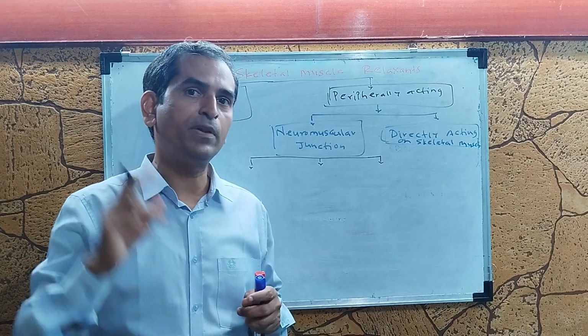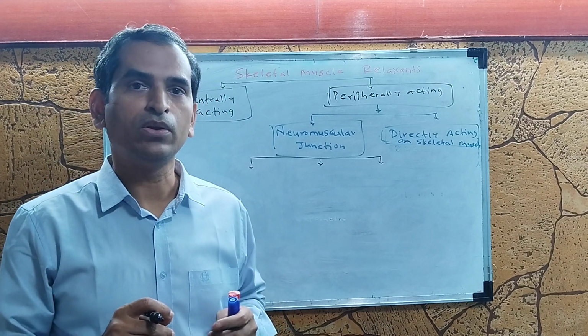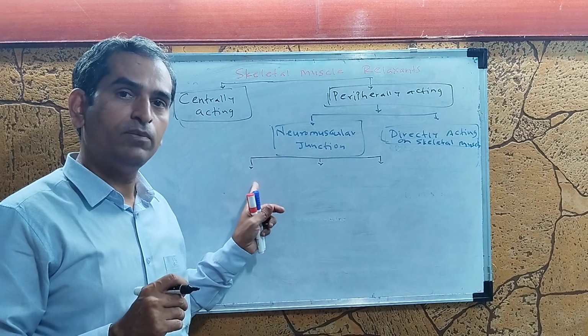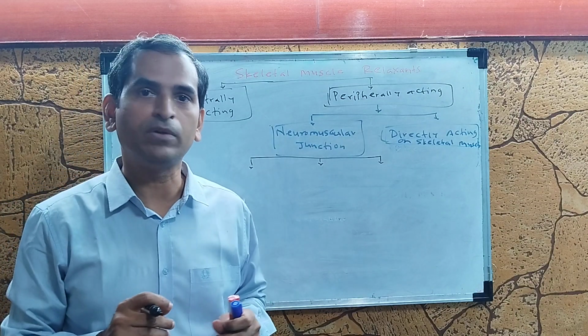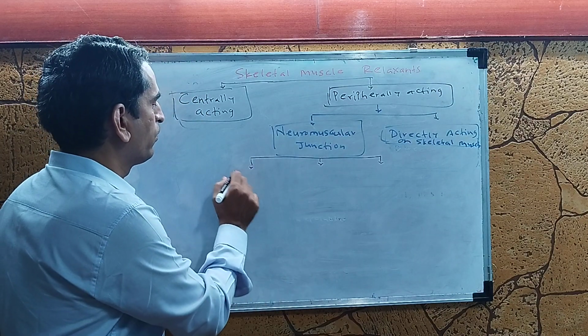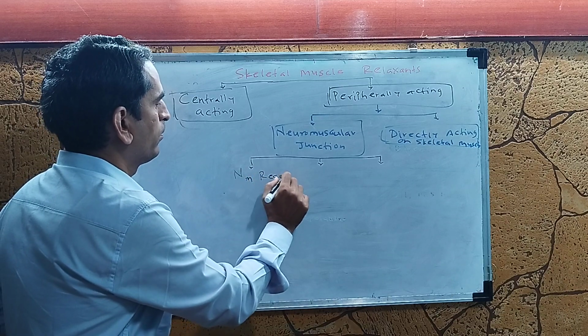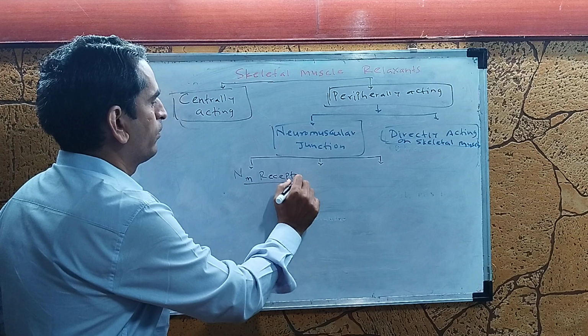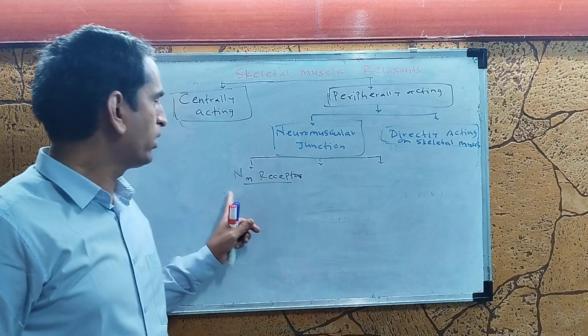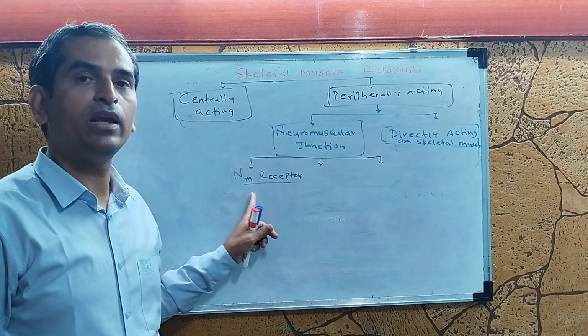NN type receptors are present in the autonomic ganglion. The receptors present here are NM type receptors. That means there are drugs which block the NM receptor. These drugs block the action of acetylcholine at the NM receptor.